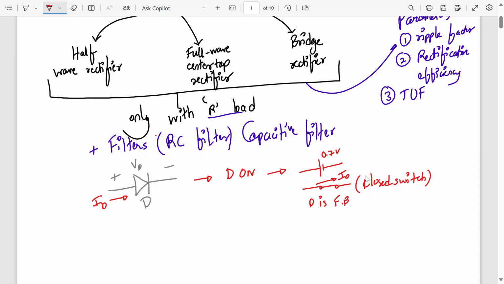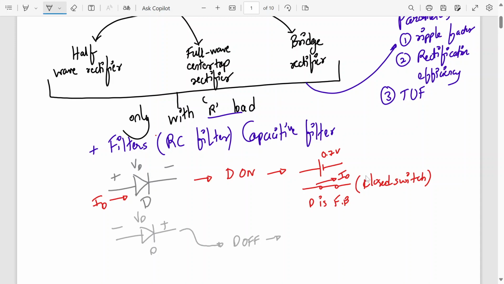Then the next case is when the diode is off. When is the diode off? When we apply reverse voltage to it. So if you apply plus here, minus here for VD, the diode becomes off.